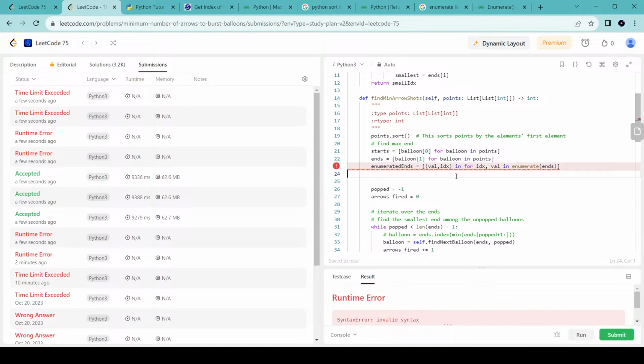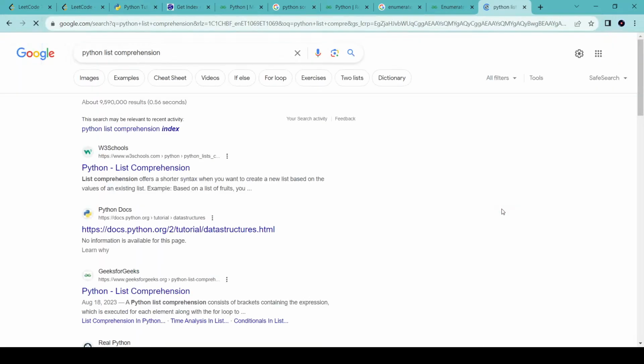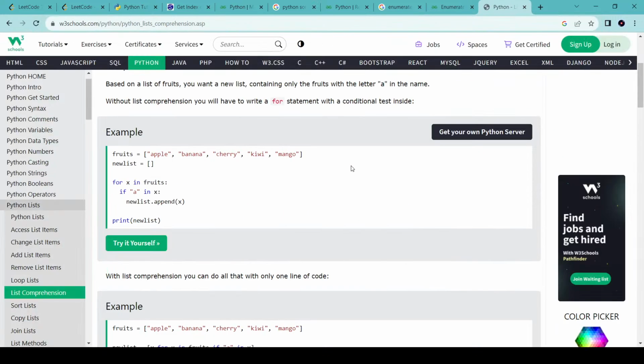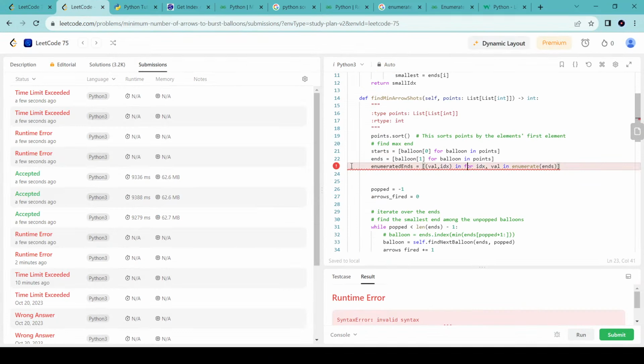Invalid syntax. Oh boy. I got the syntax wrong: for blah in blah if. For each pair in enumerate ends. This should work, I think. Okay, so I'm going to sort this.